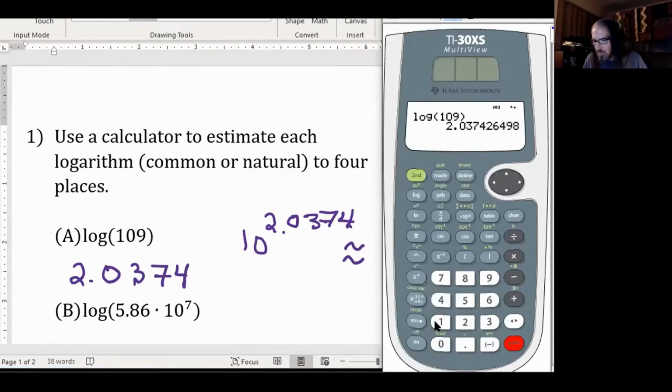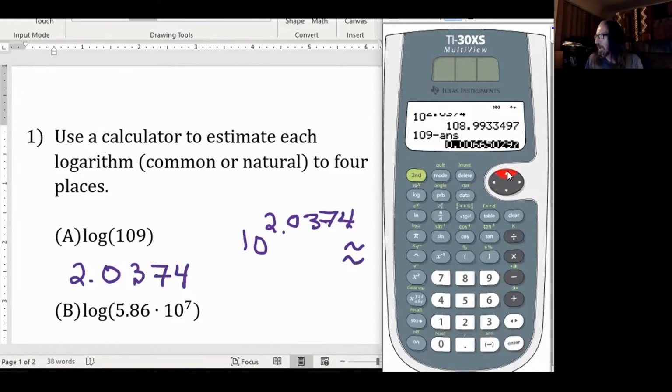So if we take 10 to the 2.0374, we're going to get something really close to 109. In fact, that is less than 1/100th away. Since that's smaller than 109, I'm taking that answer away, 0.066 something.